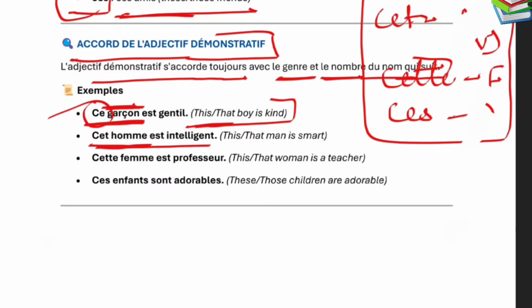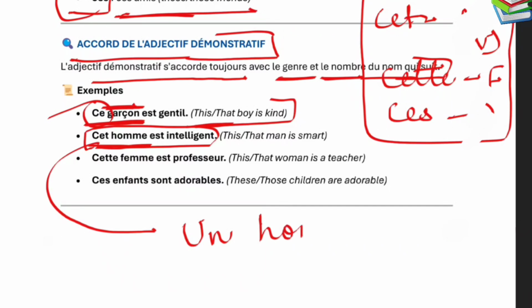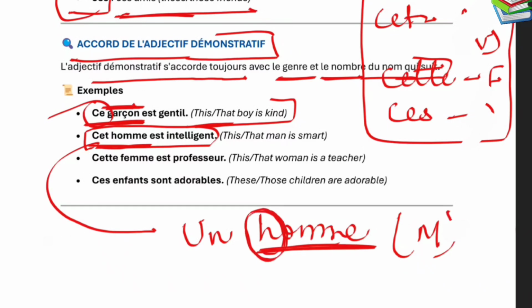Cet homme est intelligent. Now have a look here. We say un homme. When we say un homme, homme is masculine in nature. Okay, but in this case, it starts with a silent h, like a vowel. So for that reason, in place of ce, we are writing cet.